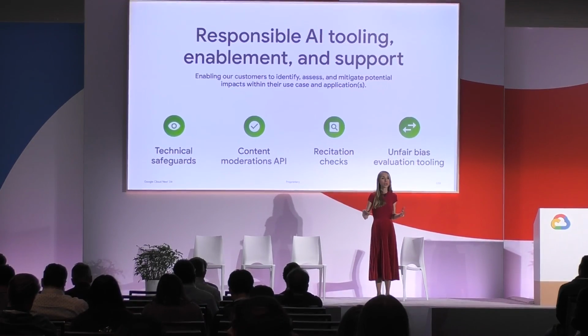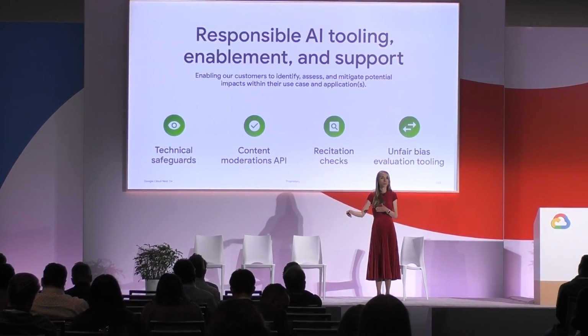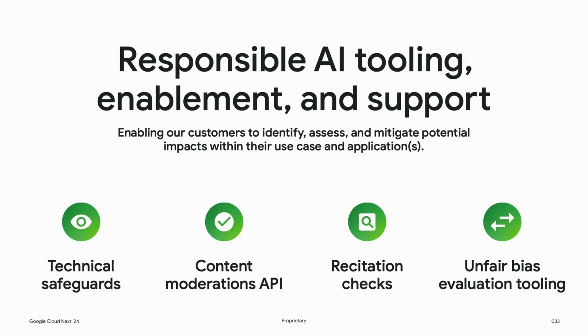It classifies across different categories like war, crime, violence, sexual harassment. Do you really want the model to output this type of results? Recitation checks give you confidence scores on to what extent the model has copy-pasted outputs, to make sure that the IP is protected.